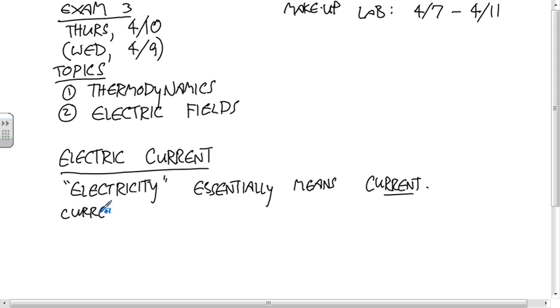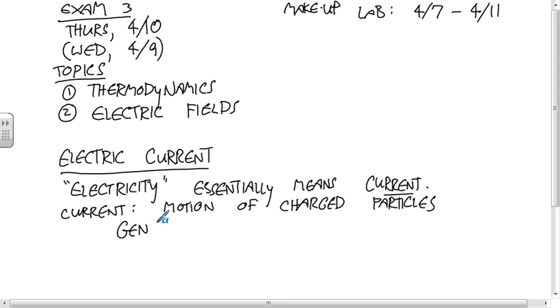And what current means is the motion of charged particles. That could be any charged particle. Like you could have electric current by having balls of positive 5 coulombs flying through the air. That's an electric current.